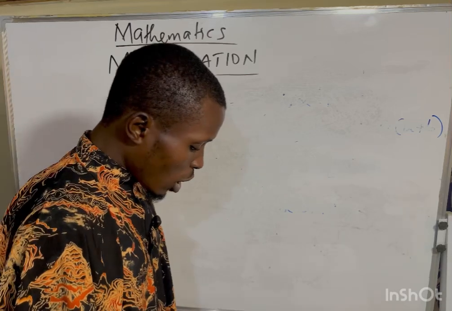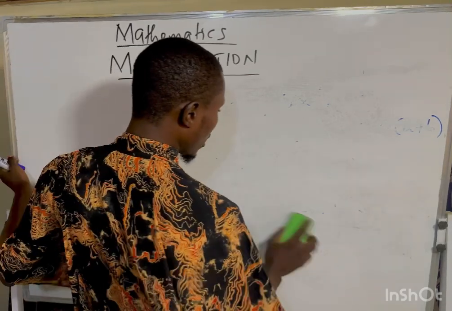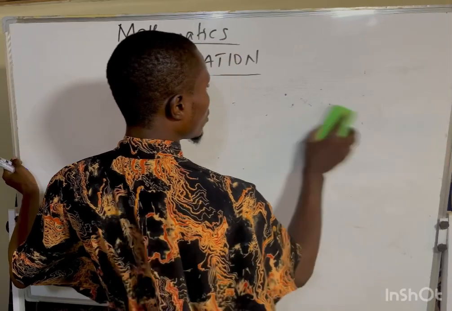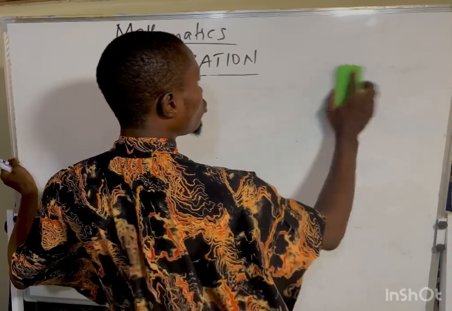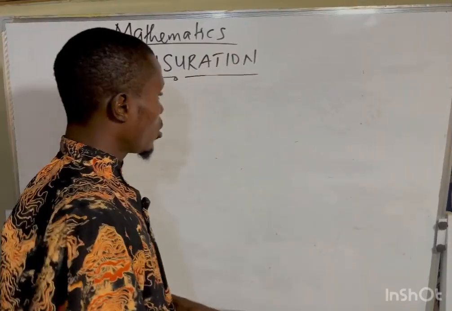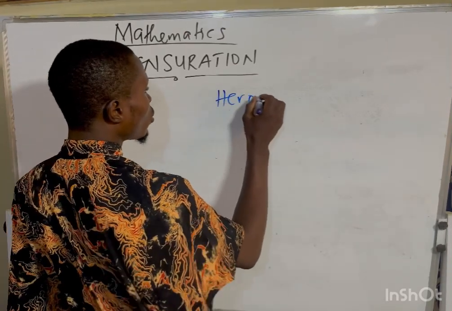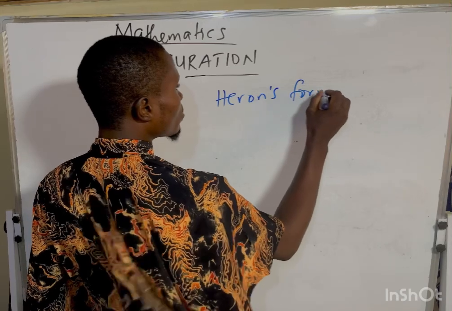We can also be given a triangle of 3 sides, no angle. In that case, how do you obtain the area of the triangle? We apply what we call Heron's formula.